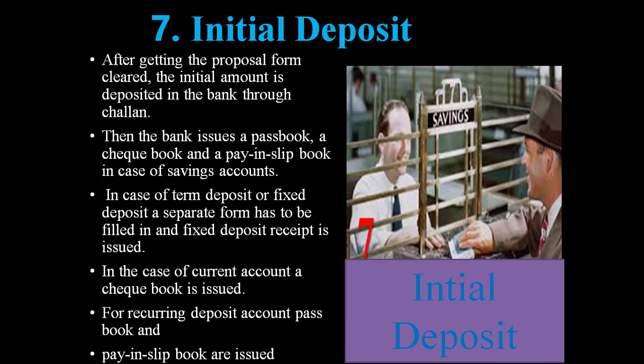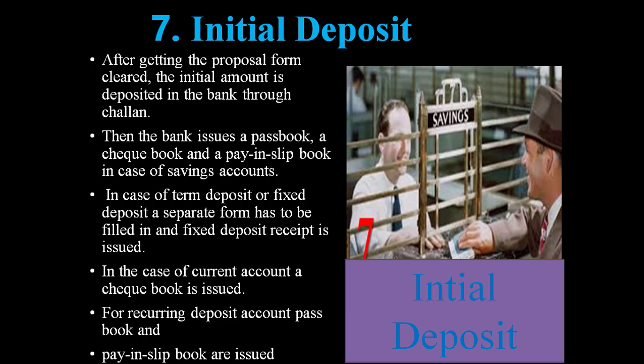In case of term deposit or fixed deposit, a separate form has to be filled in and a fixed deposit receipt is issued. In the case of a current account, a checkbook is issued. For a recurring deposit account, a passbook and pay-in slip book are issued. So these are the initial deposit and other documents provided by the bank.